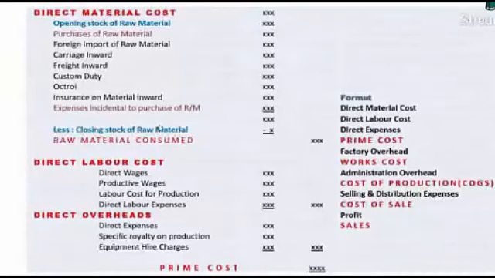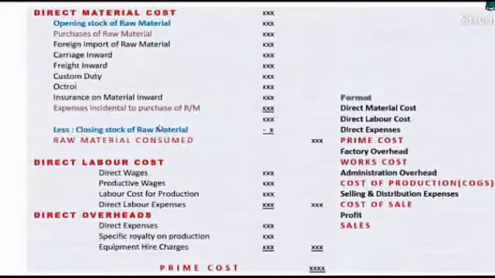Third part is direct overheads. So other than material and labor, we call them overhead. This is what we have studied in the elements classification: material, labor, and overheads. Any expenses which are directly incurred for a product, where we identify that yes, we are incurring for this, are direct expenses. Specific royalty on production. We are hiring equipment for manufacturing a specific product.